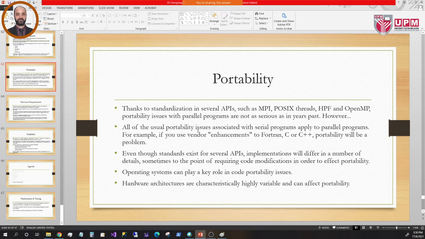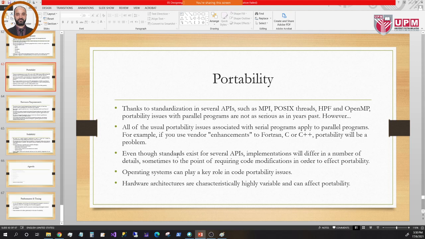All of the usual portability issues associated with serial programs apply to parallel programs. For example, if you use vendor enhancements to Fortran, C or C++, portability will be a problem.